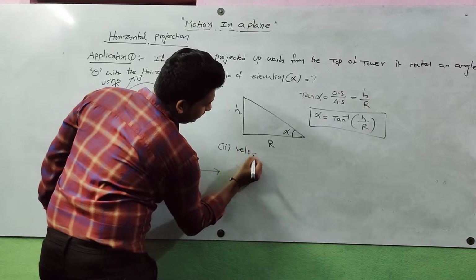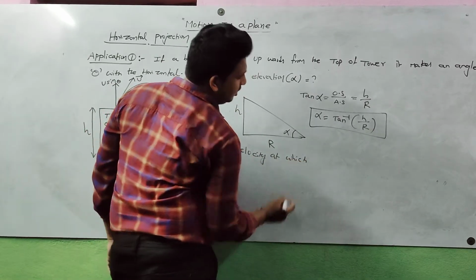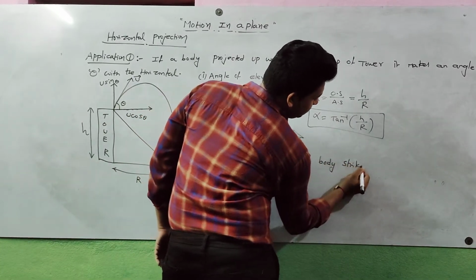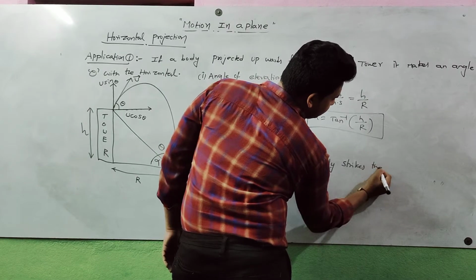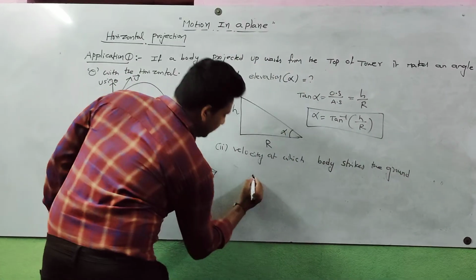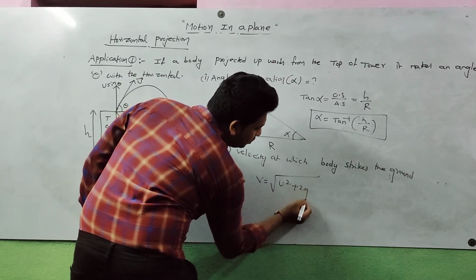And one more thing here: the velocity at which the body strikes the ground. V is equal to square root of u square plus 2gh.